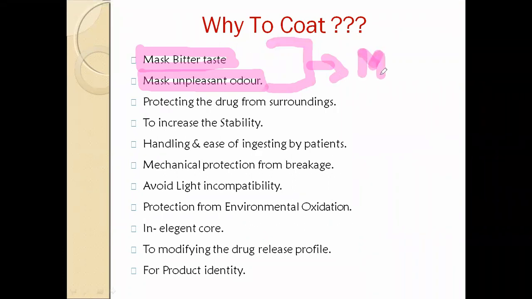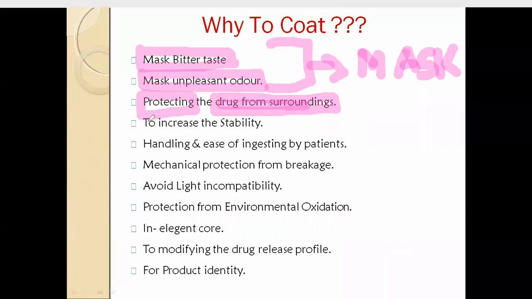So the first thing is masking, which a coating will provide to the dosage form. It can mask the bitter taste, it can mask the unpleasant odor. Also, it gives a protective function. This coating protects the drug from the surroundings. So it can be in terms of moisture, it can be in terms of protection from the environment.